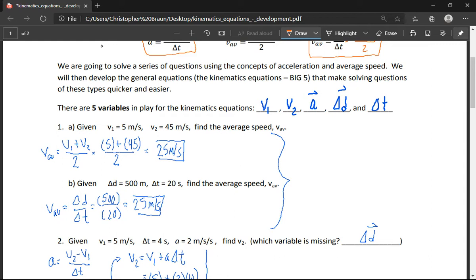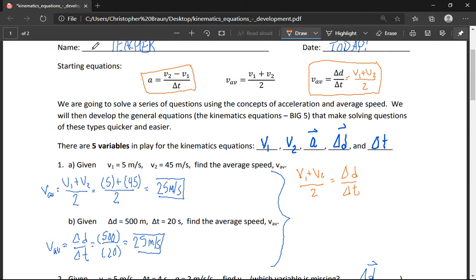Well, what this shows you is that if average speed is v1 plus v2 over 2 and average speed is delta d over delta t, then you could rewrite this as v1 plus v2 over 2 is the same thing as delta d over delta t, right? And I showed you that up above.